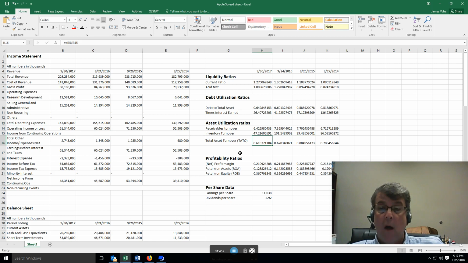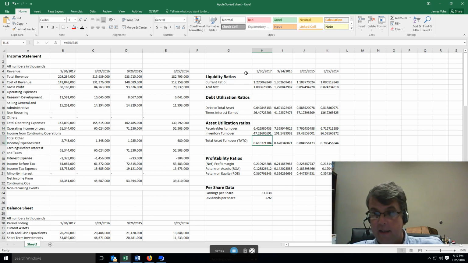Are they having a problem using their assets to generate sales? This, to me, along with this inventory ratio and receivables turnover, here is not that indicative of it, but these two here give me an indication that maybe sales are slowing for these iPhones between 2016 and 2017.